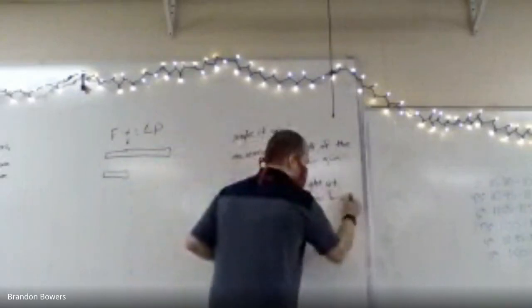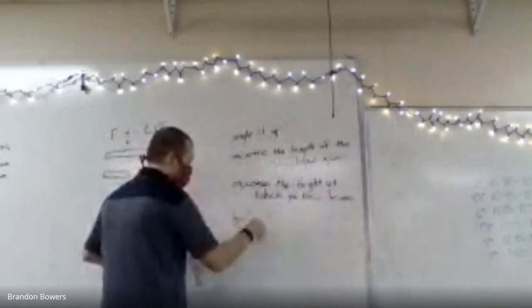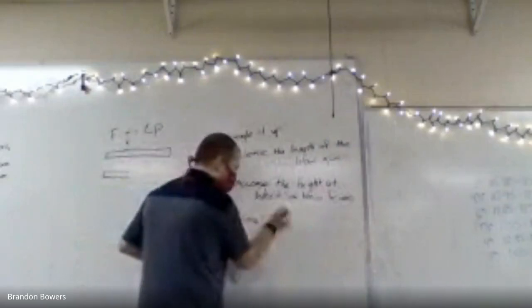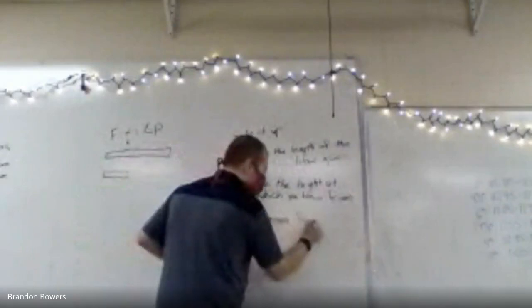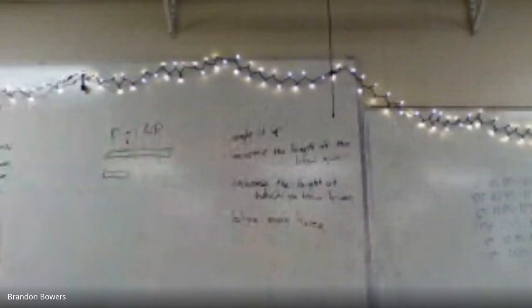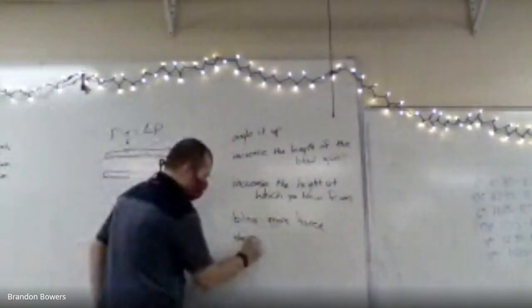Another one is blow more force. I like that wording. Okay, there's 4. I have 1. Wow, you guys got all of mine except 1. Decrease the mass of the dart. Okay. My third one was to make the inside of the gun more slippery.